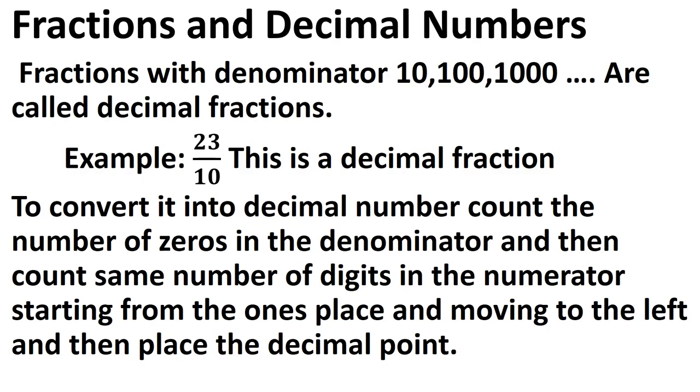I am repeating, to convert 23 upon 10 into a decimal, you have to count the number of zeros in the denominator and then count the same number of digits in the numerator, starting from the ones place and moving towards your left hand side. So it is before 3, or we can say after 2. So 23 upon 10 can be written as 2.3.